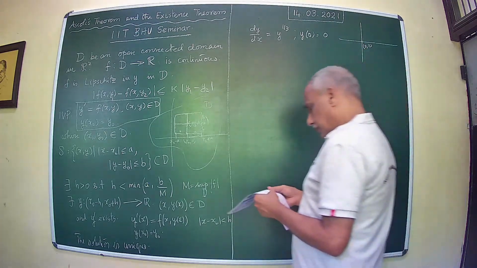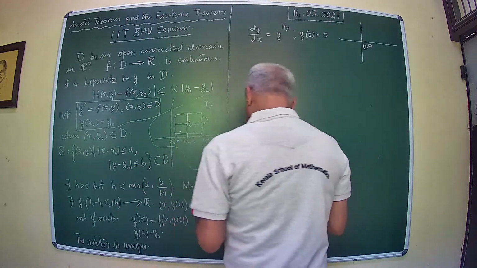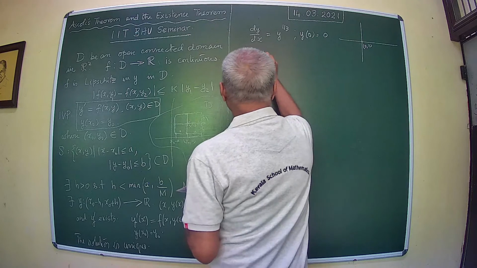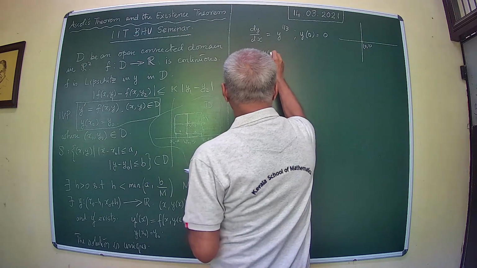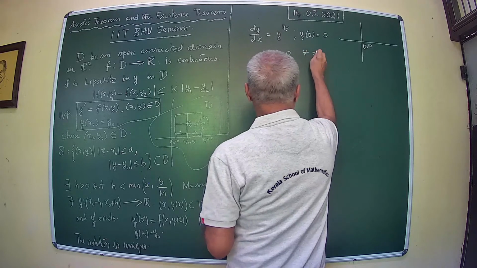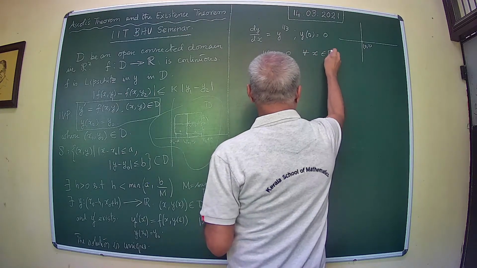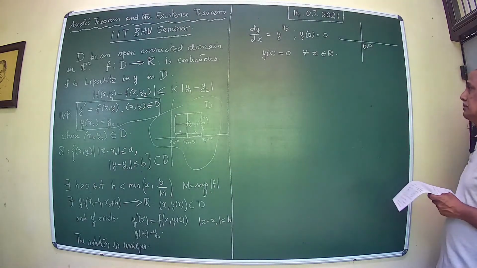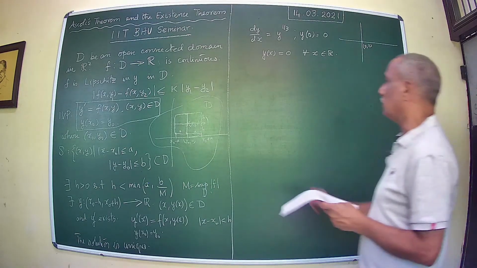Now you have seen, or it can be directly verified, that y(x) equal to 0 for every x is a solution which satisfies this. Okay, so that is one solution.